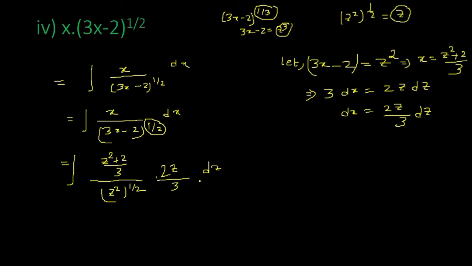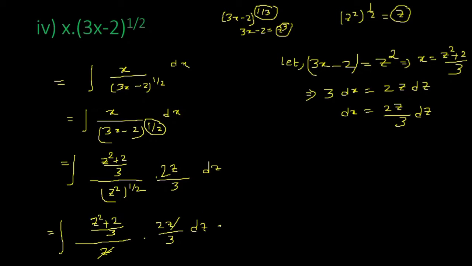So here it will become integration of z square plus 2 by 3 by z square whole to the power half, which will become z, into 2z by 3 dz. Now z and z will be cancelled out.